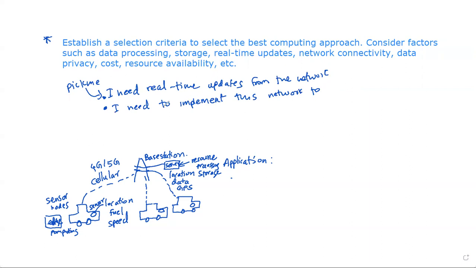Or else I can say I need to implement this network to cater to about 50 vehicles, right? Not that large, but about 50 vehicles. I want to manage about 50 vehicles using this IoT network.